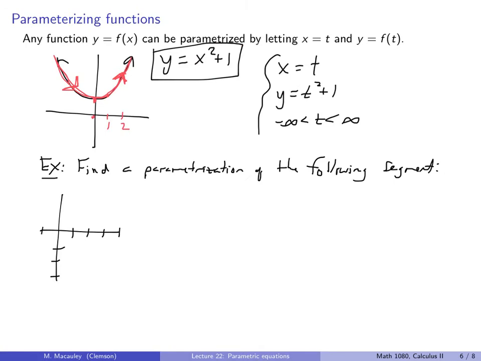Let me draw a point here. This is going to be the point -1, -3. And let me draw a point here. This is going to be the point 4, 1.